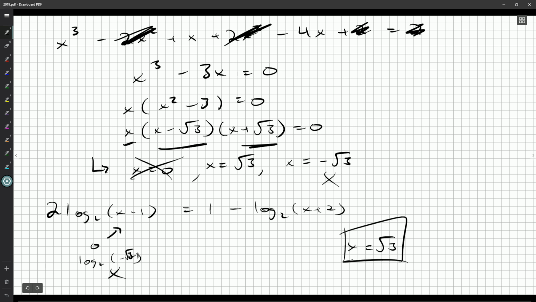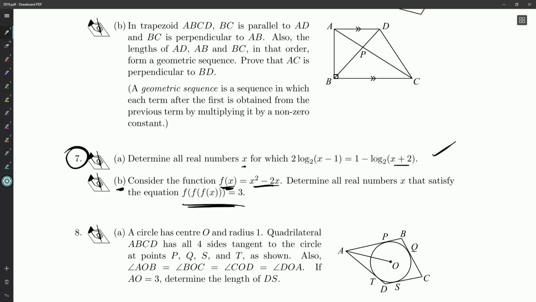Okay. And if you wanted to, you could double check that or grab your calculator and work that out. I've got mine handy. I can just very quickly plug in and make sure I haven't screwed up. So square root 3 minus 1, and then log base 2.